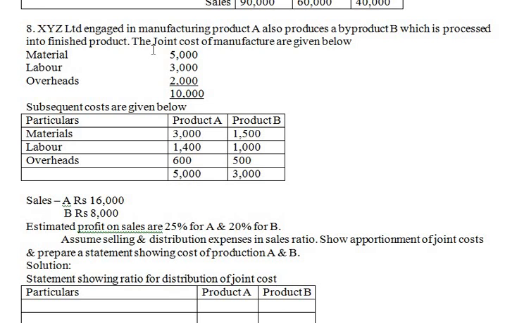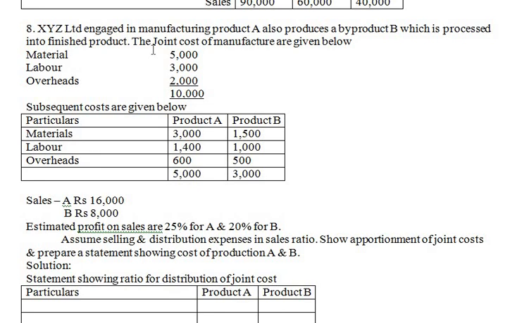Subsequent costs are given below. Materials for product A is 3,000, B is 1,500. Likewise, labor and overheads are also given, and total of product A is 5,000 and product B is 3,000.